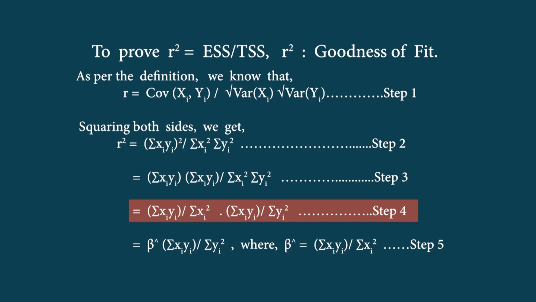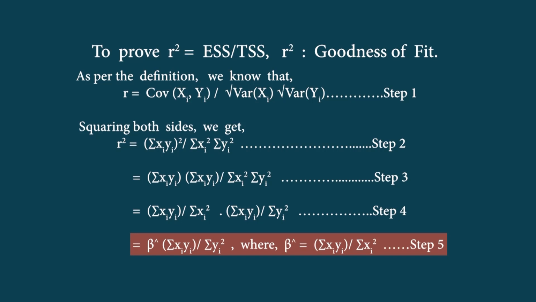This is one of the components of step 4, which is none other than beta hat, that is the estimated value of the beta, and the other component remains as it is. So after doing all this, we get beta hat, which is summation of xi yi by summation of yi square. So this is what we get in step number 5 after the simplification.